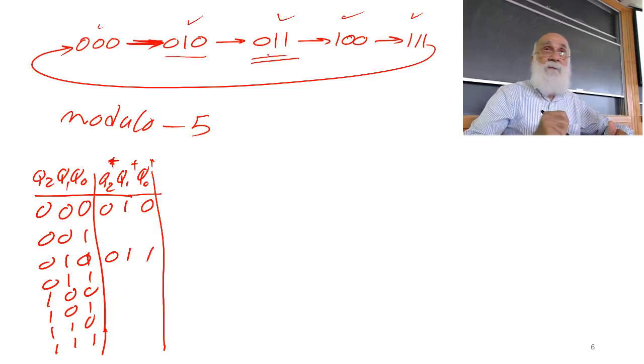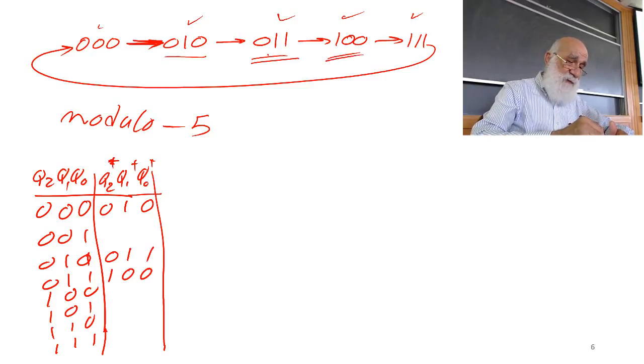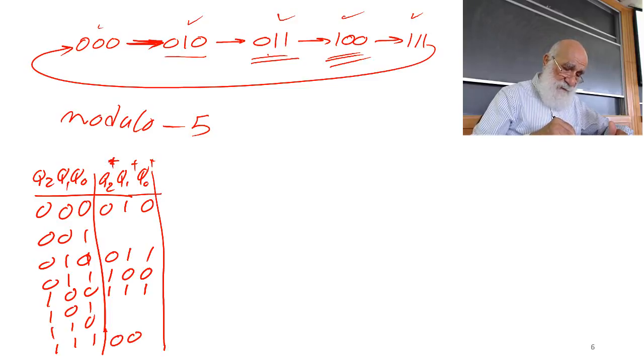So that's this one. If it is 0 1 1, the next state is 1 0 0. So I did this. And if it is 1 0 0, the next state is 1 1 1. And finally, if it is 1 1 1, the next state is 0 0 0.